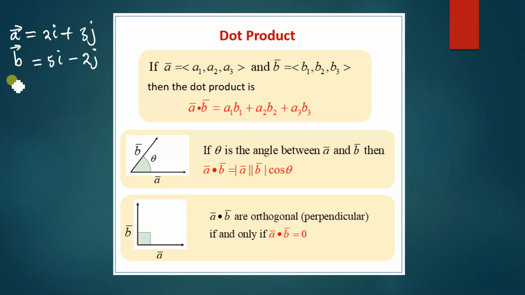When you are told to find a dot b, you multiply the corresponding components. You have 2 times 5, you get 10. Then plus 3 times negative 2, you get negative 6. So a dot b is just 10 minus 6, and this gives you 4. So a dot b is equal to 4.